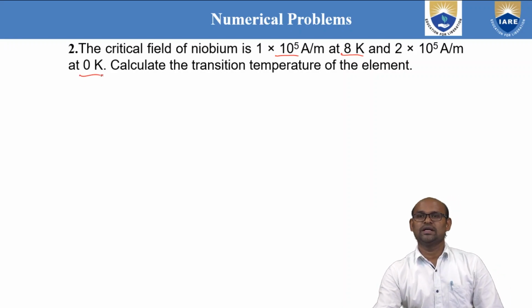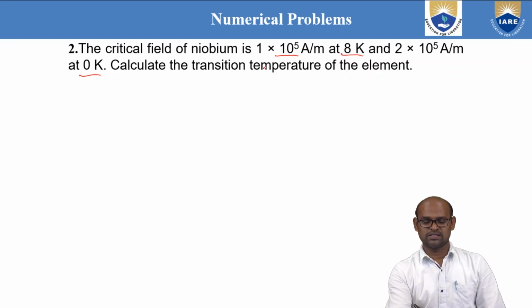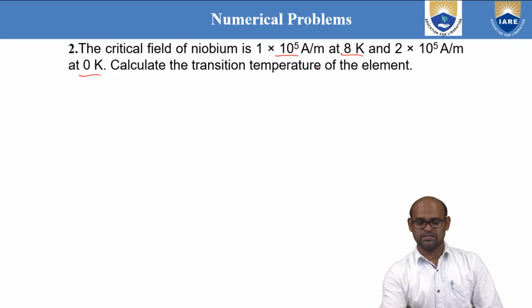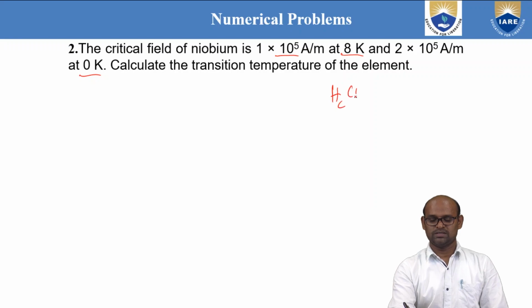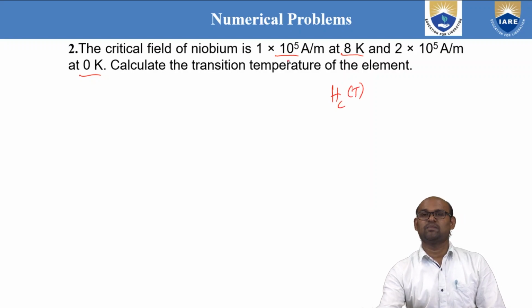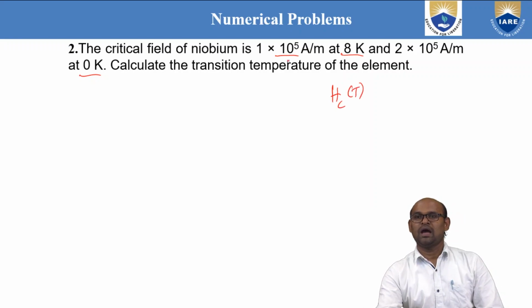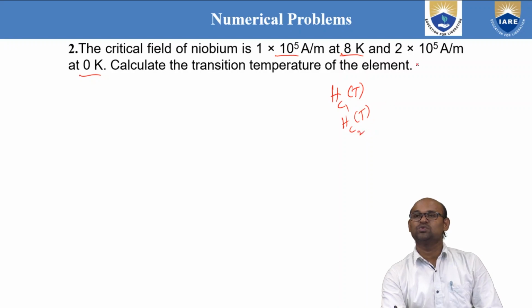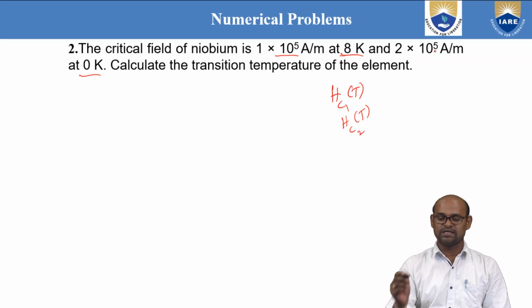So they have given the critical field, Hc of T, as 10 power 5 amperes per meter at a temperature of 8 Kelvin, and Hc of 0 is given as 2 into 10 power 5 amperes per meter at 0 Kelvin.